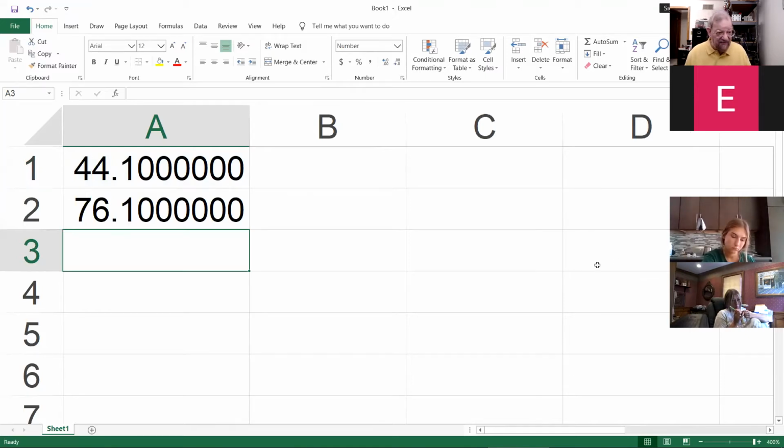How do you round it off to 3 significant figures? Well, you keep the 7, keep the 6, keep the 1, and that'd be 76.1.